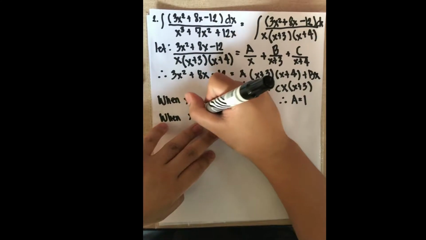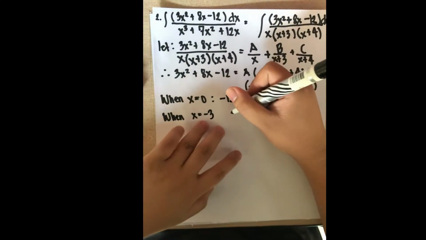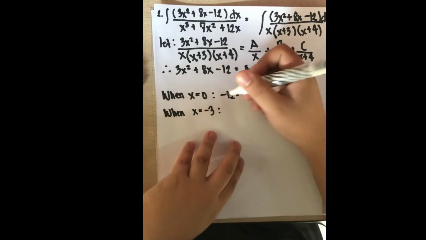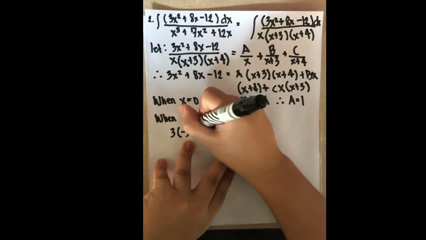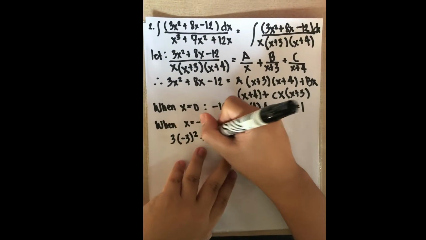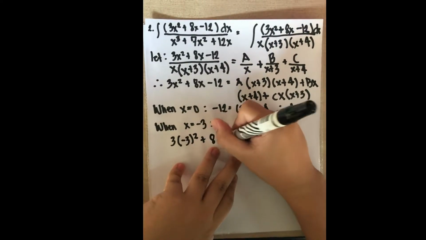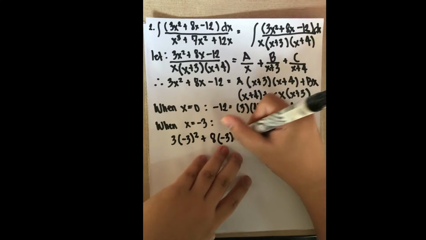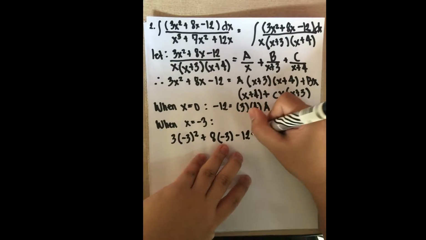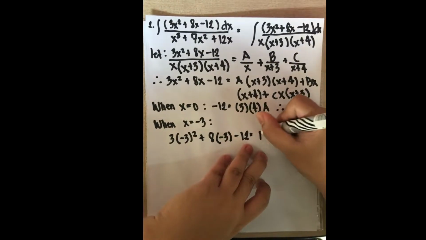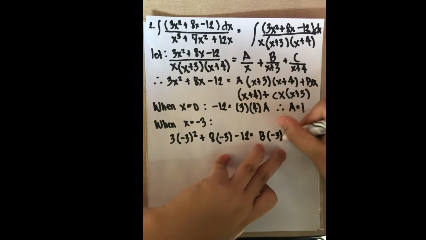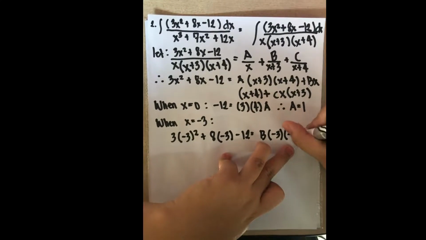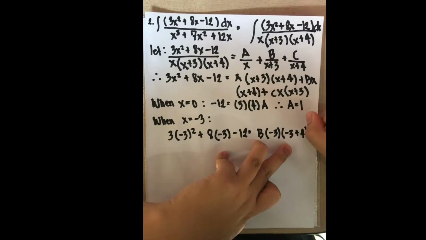When x is equal to negative 3, substitute: 3 times negative 3 squared plus 8 times negative 3 minus 12 equals b times negative 3 times negative 3 plus 4.